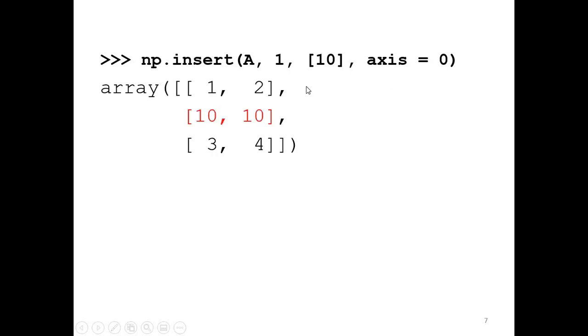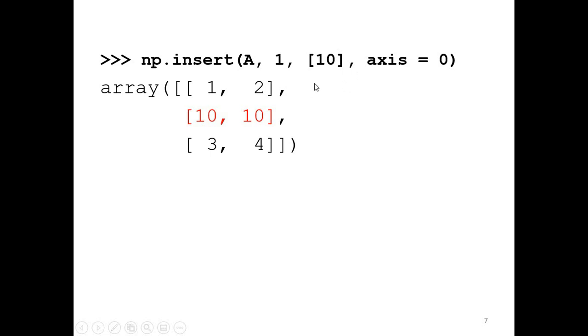Well, axis 0 means it will place in this direction, but this is a single element, and the original array is 1, 2, 3, 4. It is a 2D array, 2 in the rows and 2 in the column. So what it will do is that it will match this. It will write 2 10s here instead of 1.